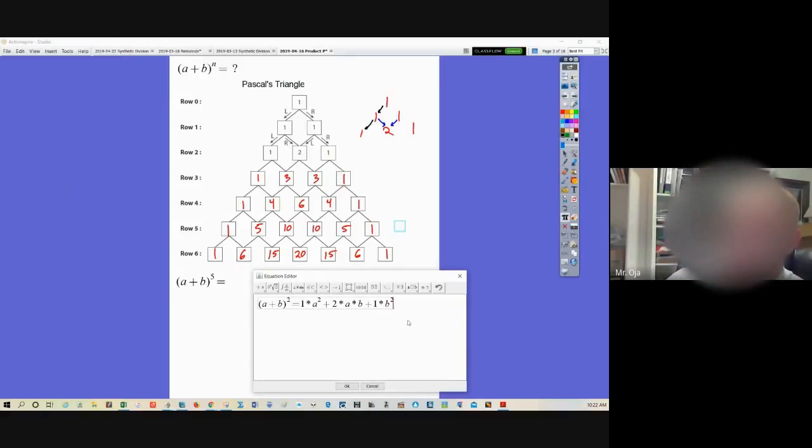What I wanted you to see there is just that the numbers we get in row 2, the 1, 2, and the 1, are showing up there, there, and there. Now what about the rest of it?